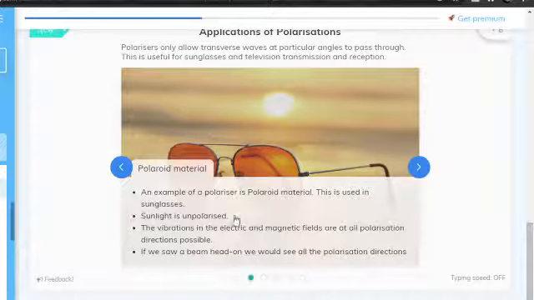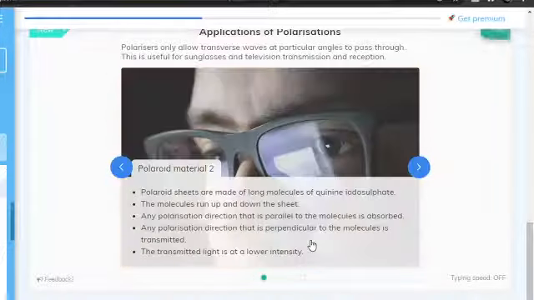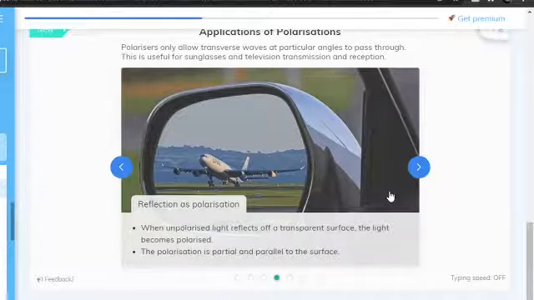This is used in sunglasses. Sunlight is unpolarized, so basically the lenses on your sunglasses are the things that stop the bad waves from getting in. And you can say the same for these kinds of things, but it is basically all the same thing.